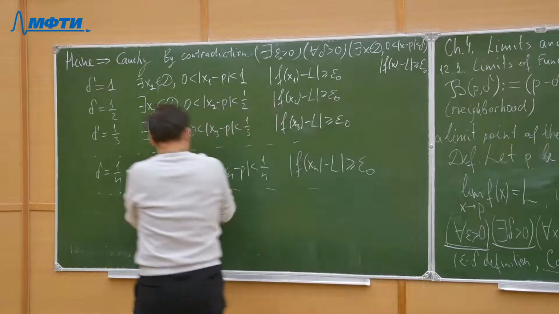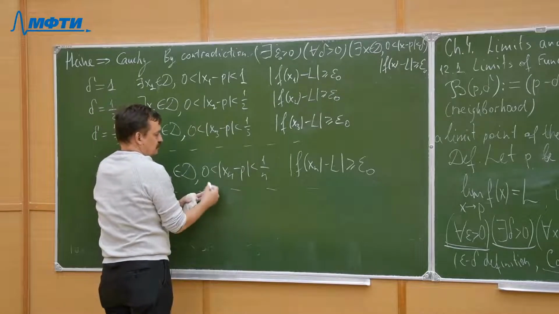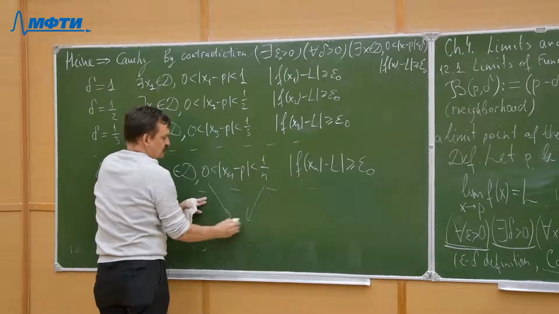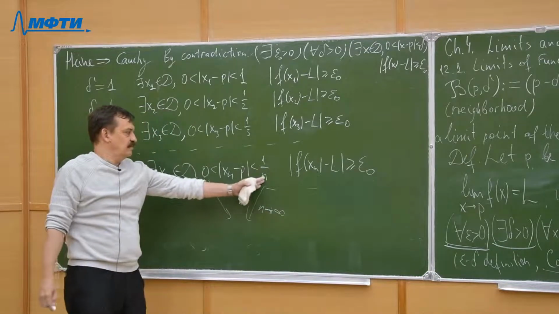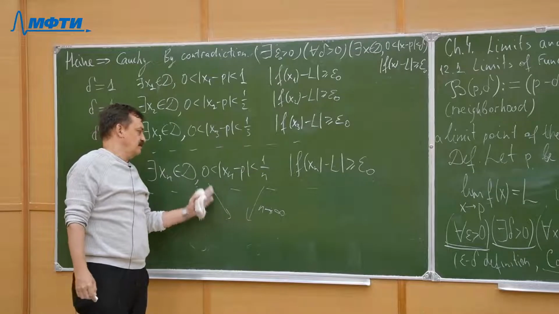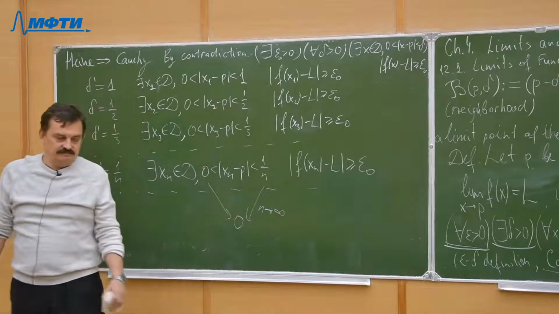Now look at this. So what can we deduce as n tends to infinity? The right hand side and the left hand side, both sequences, tend to 0.